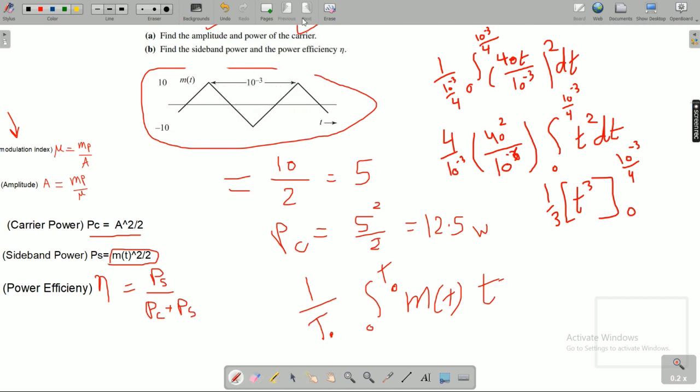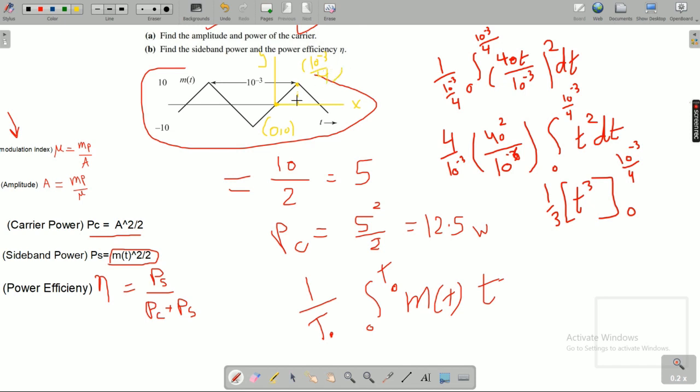Moving to the next part, how to get the equation of this part. I have here 2 points. I will assume my y-axis is here. This is my y-axis and this is my x-axis, and I want to get the equation of this line segment. So this point is 0 and 0, and this point is what? It's 10 to the power negative 3 over 4. Why is this? Because we have taken the quarter of the period. And the y value is 10.